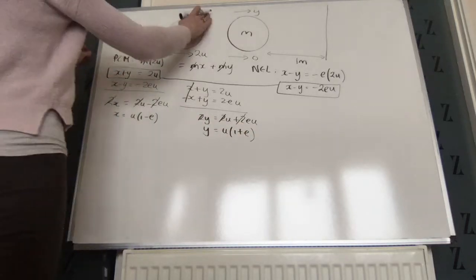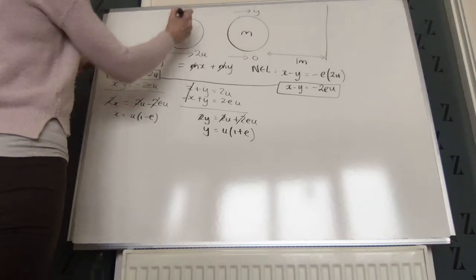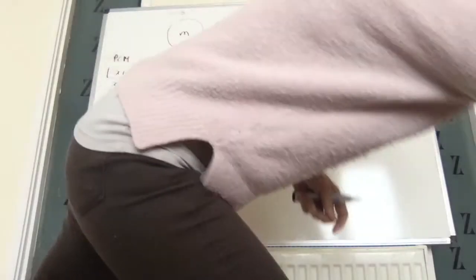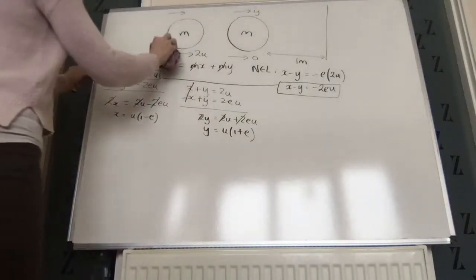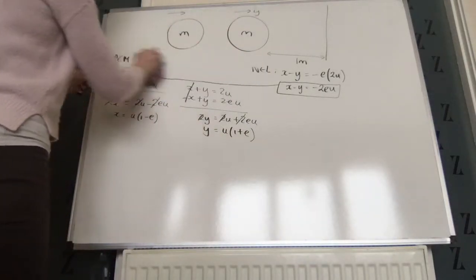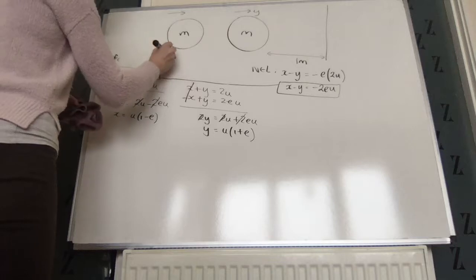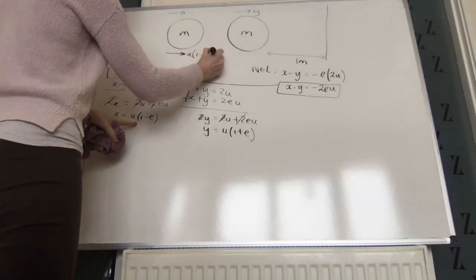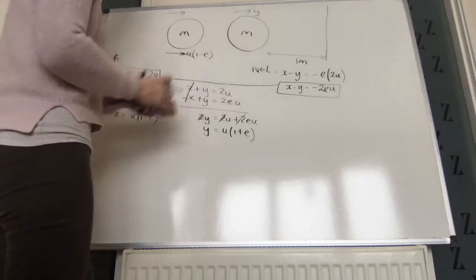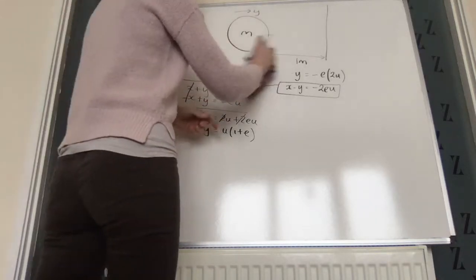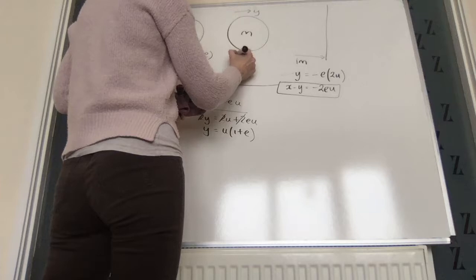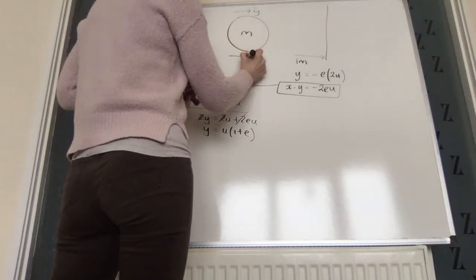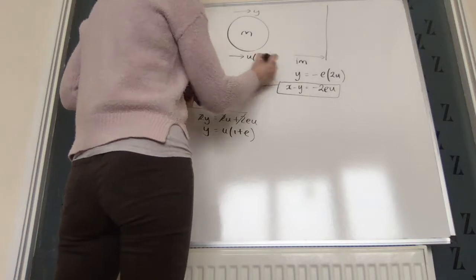Okay, I'm going to write them in now. So the situation after the first collision is we now have this sphere moving at u times 1 minus e, and this sphere moving at u times 1 plus e.